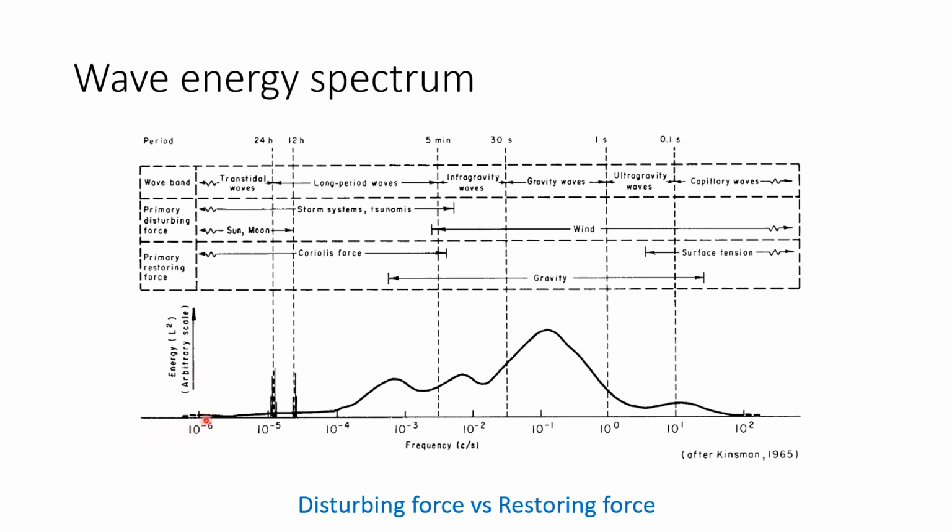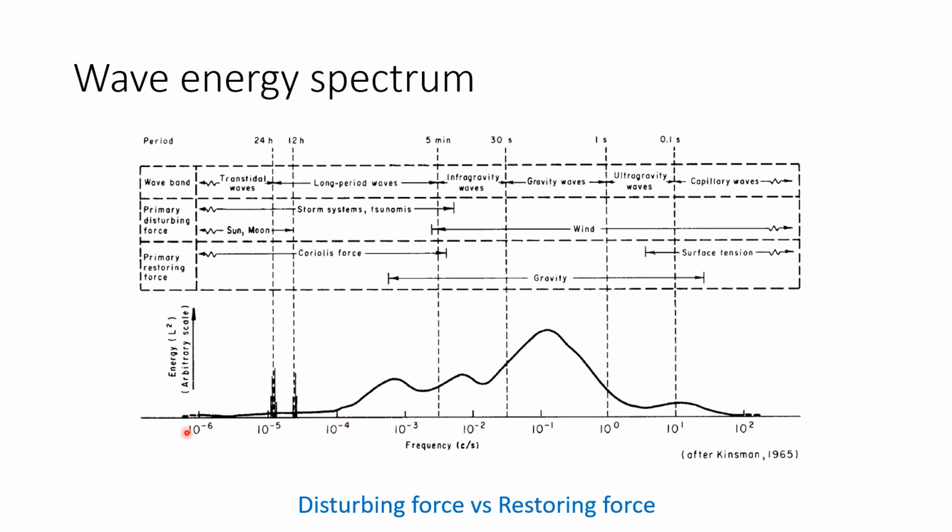So if we look at this wave energy spectrum, then we notice that in the coastal region, most of the waves are in this category. There are fewer waves with very small wave period, but there are quite some waves with a longer wave period.